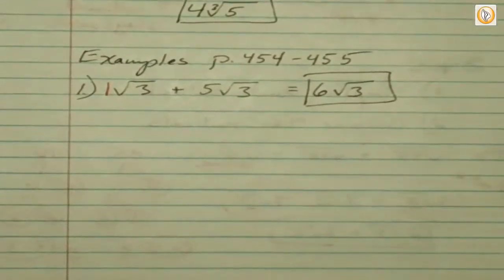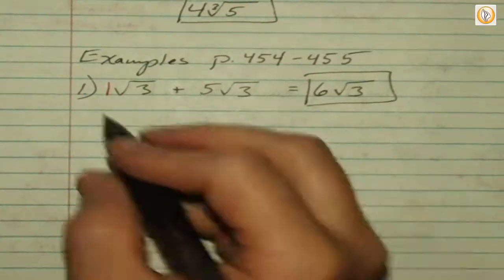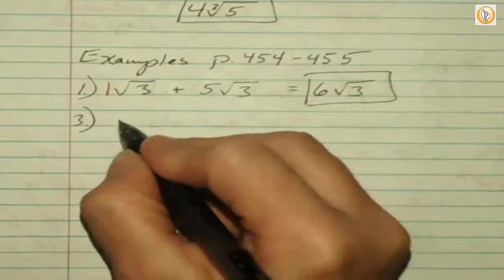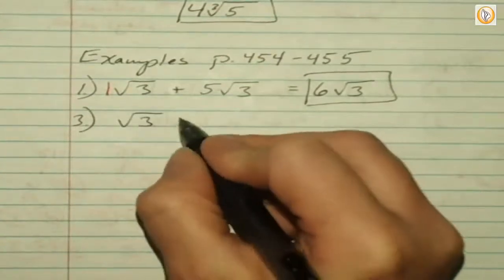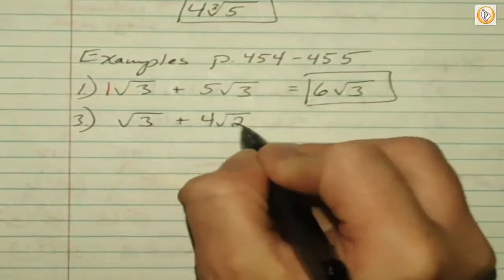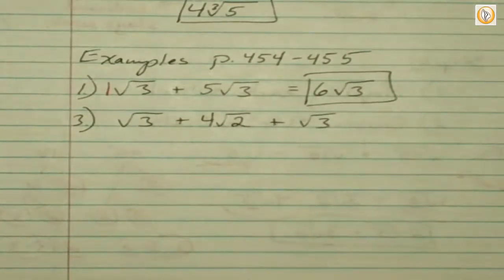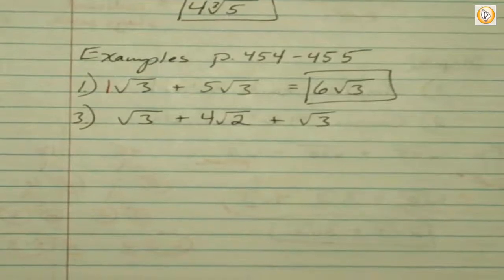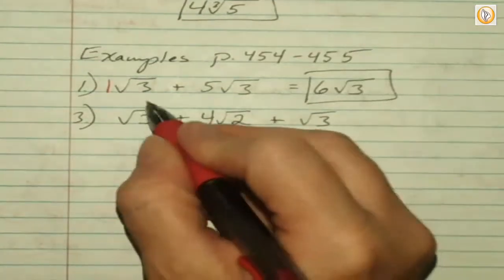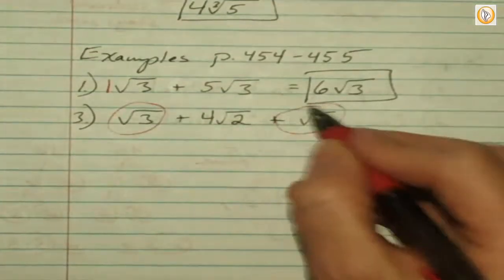Any questions? Number 3. Square root of 3 plus 4 times square root of 2 plus square root of 3. Miranda. We're going to combine these right here.